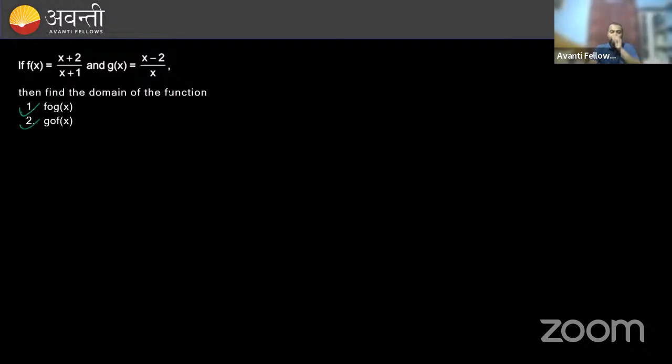Right, f of x is given and g of x is given. Now first find f of g of x, or fog x. Fog is f of g of x. So first we'll find f of g of x.